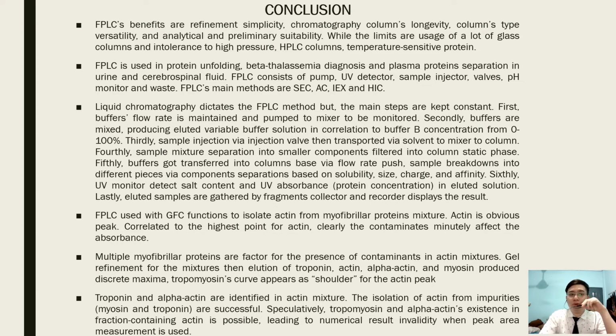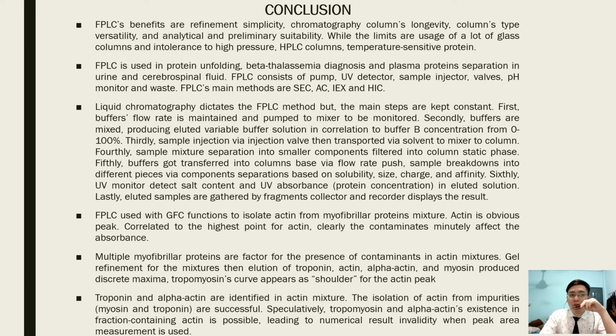Now, in this study report, FPLC's benefits are refinement simplicity, chromatography columns longevity, columns type versatility, and analytical and preliminary suitability, while the limits are usage of a lot of glass columns and intolerance to high pressure, HPLC columns, and temperature-sensitive protein.